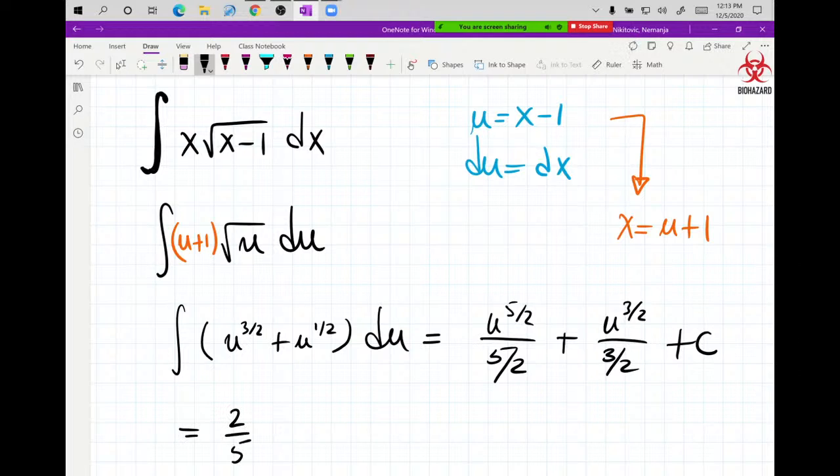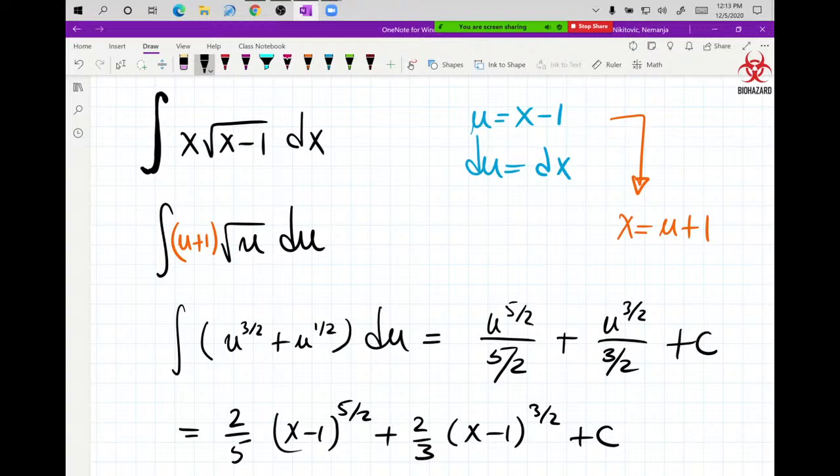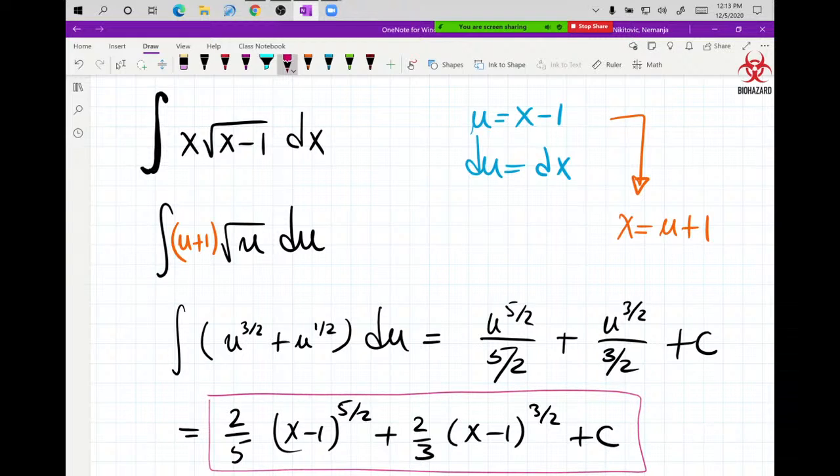So 2/5 x minus 1 to the 5 halves plus 2/3 x minus 1 to the 3 halves plus c. The solution looks terrible, but I am going to encourage you to take the derivative and get back your x root x minus 1.